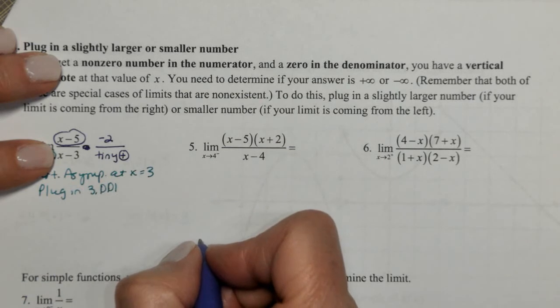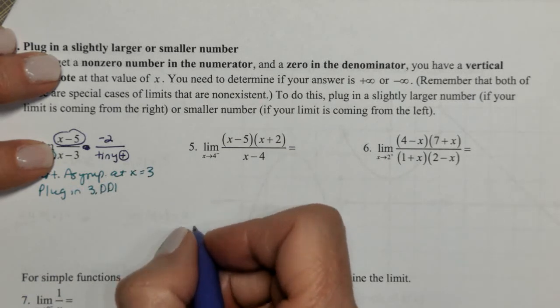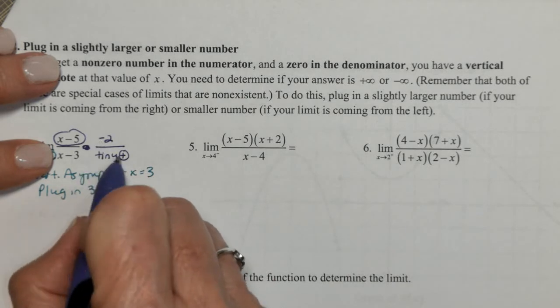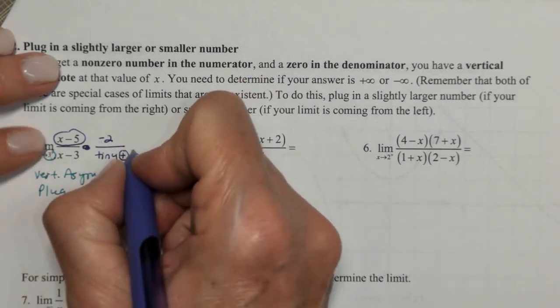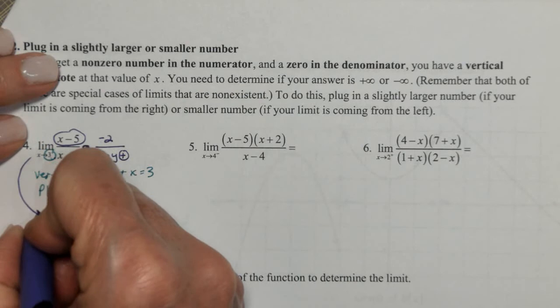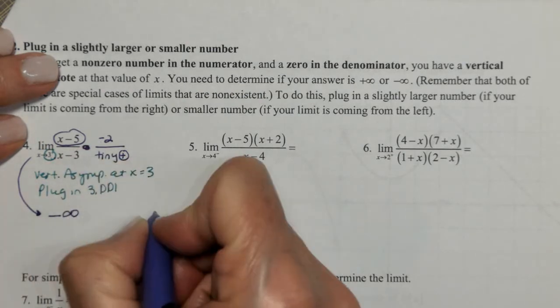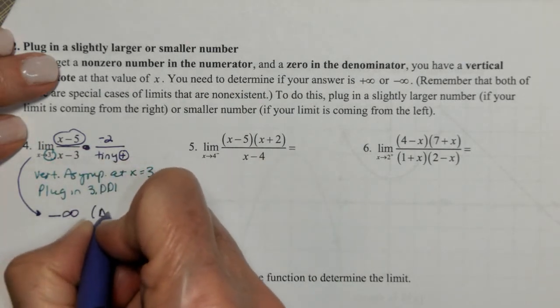Close to 0, but positive. I have a negative divided by a positive. So this limit will be negative infinity, which is a special kind of does not exist, non-existent.